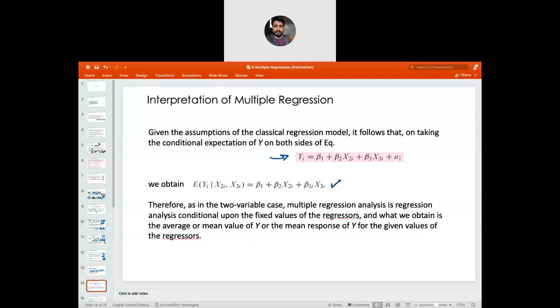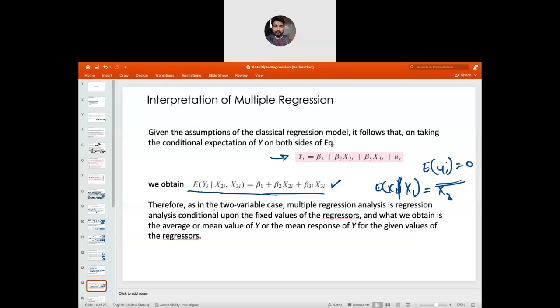Of course, the error term is 0 because the expectation of ui is 0, right? And why is there no expectation here? Because expectation of x2 given x2 is x2, right? And expectation of x3 given x3 is x3, right?